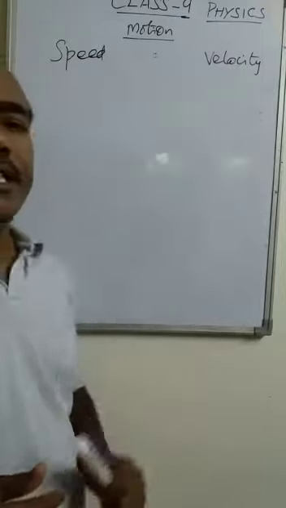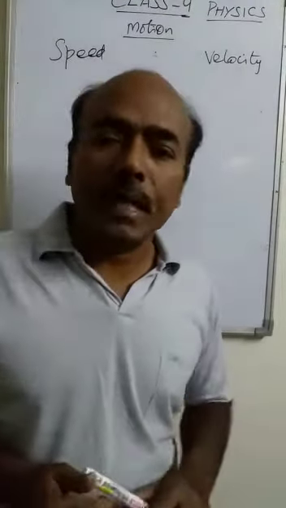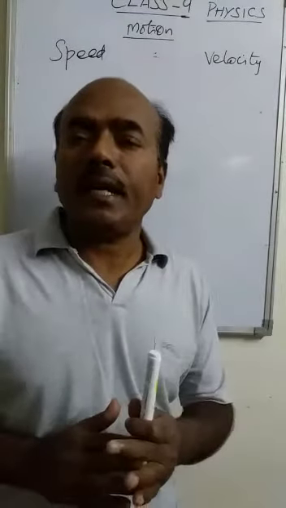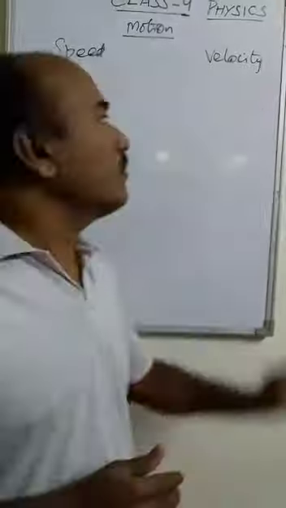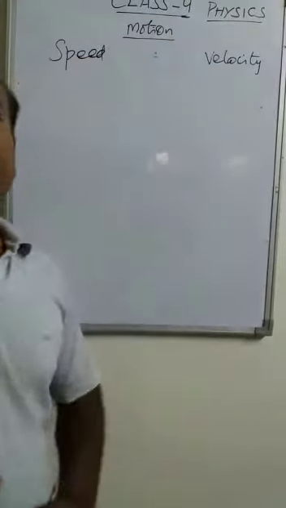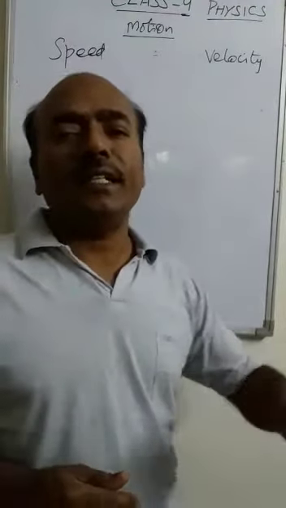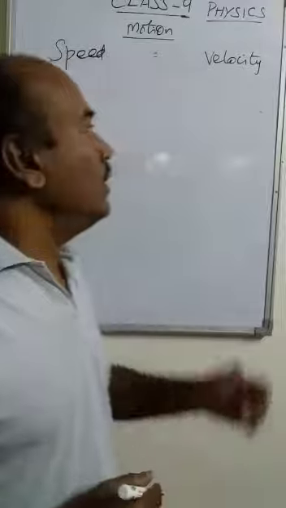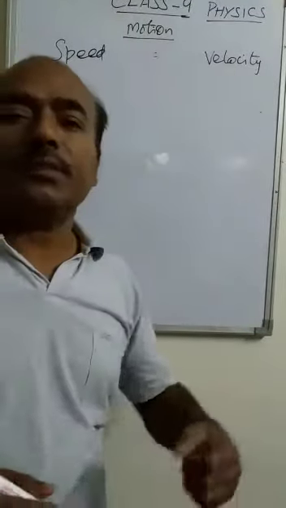These two quantities tell the length of path covered by an object in how much time. And they are completely related to distance and displacement. Speed is related to distance, velocity is related to displacement.